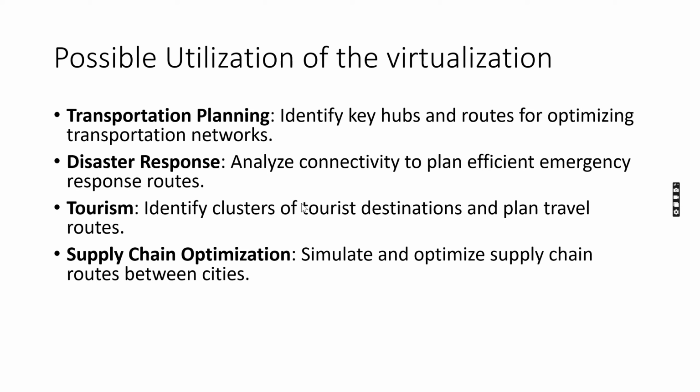If Uganda Airways, for example, wants to plan its routes to London, it would know which countries its planes will settle in and have a stopover. Then also disaster response, whereby, say, there is a war and you don't want to pass through country X, you could easily find the nearest route. Tourism as well, and supply chain optimization.